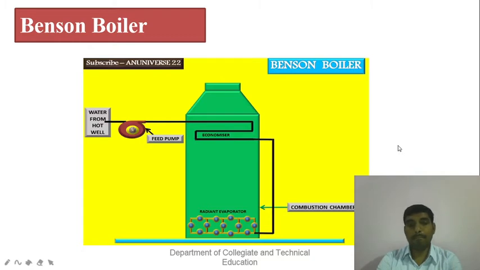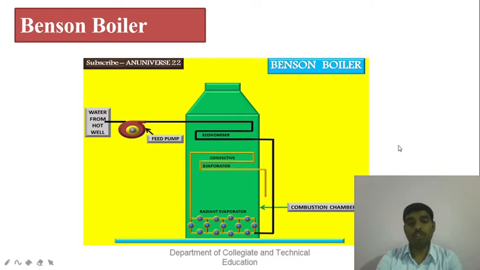The feed water from the economizer flows into the radiant evaporator with a radiant parallel tube section. The radiant evaporator receives heat from the burning fuel through radiation, and the majority of the water is converted into steam here. This section is near the combustion chamber.